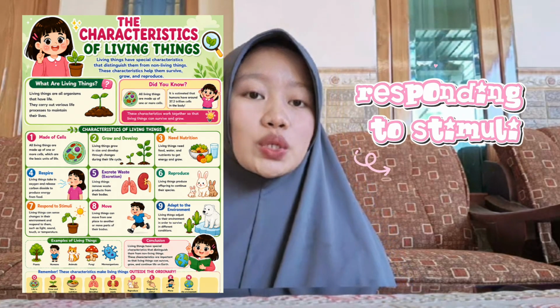The seventh characteristic is responding to stimuli. A stimulus is any change in the environment, and living things respond to light, sound, temperature, touch, and other changes. Responding to stimuli helps living things avoid danger and adapt to their surroundings.